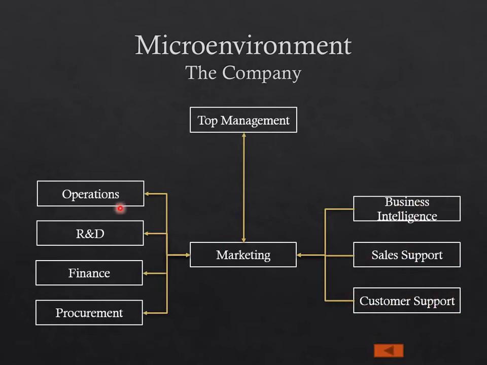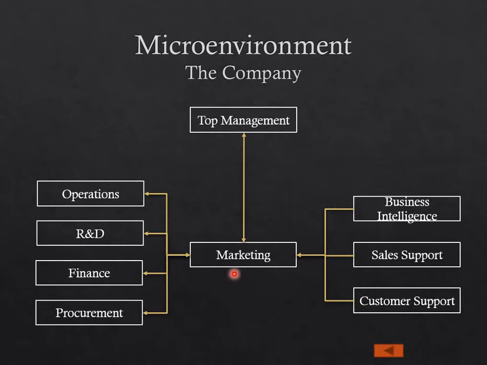All these departments are linked with each other and provide information to the top management, and the top management looks down at these departments for information, through which it can develop a strategic decision. That is why these arrows are bidirectional. All of these arrows are bidirectional, just these three arrows are unidirectional. And why are they unidirectional?